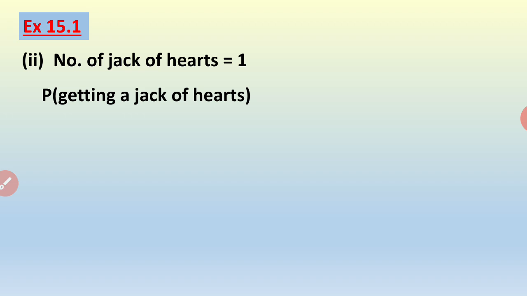The next is the jack of hearts. Now, there is only one jack of hearts. So, the probability of getting it is 1 upon 52. This 1 upon 52 cannot be reduced, so leave it as it is.